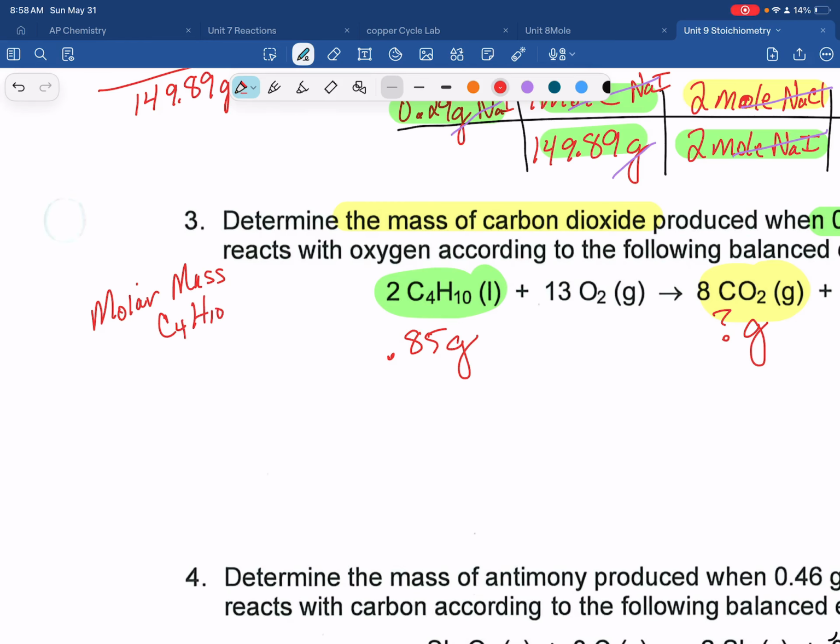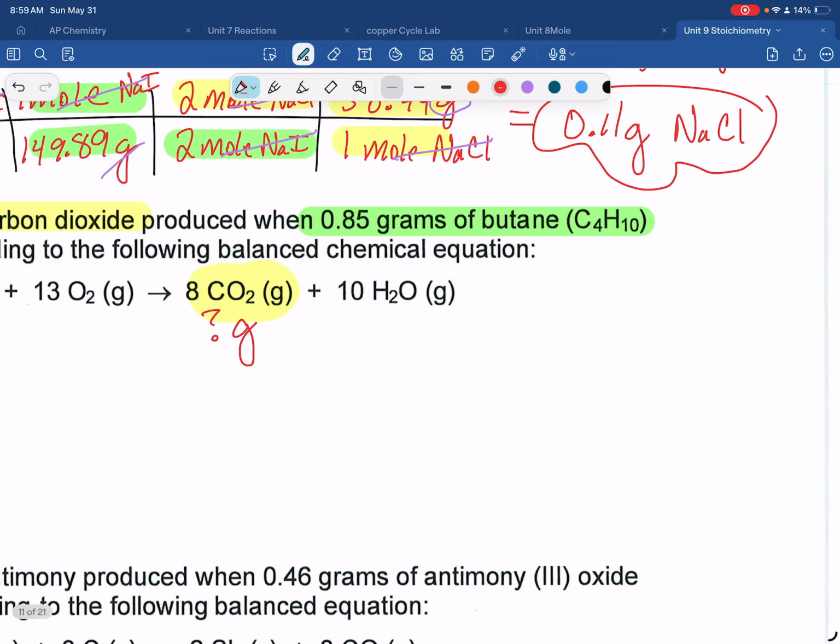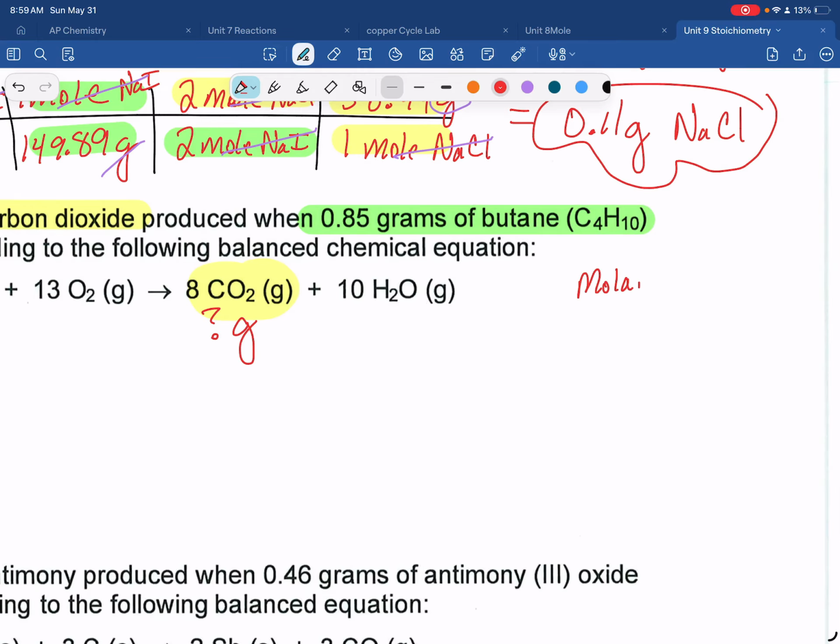C4H10. Okay. 4 times the mass of carbon plus 10 times the mass of hydrogen gives me a grand total of 58.12. And over here, I'm going to do the molar mass of carbon dioxide.